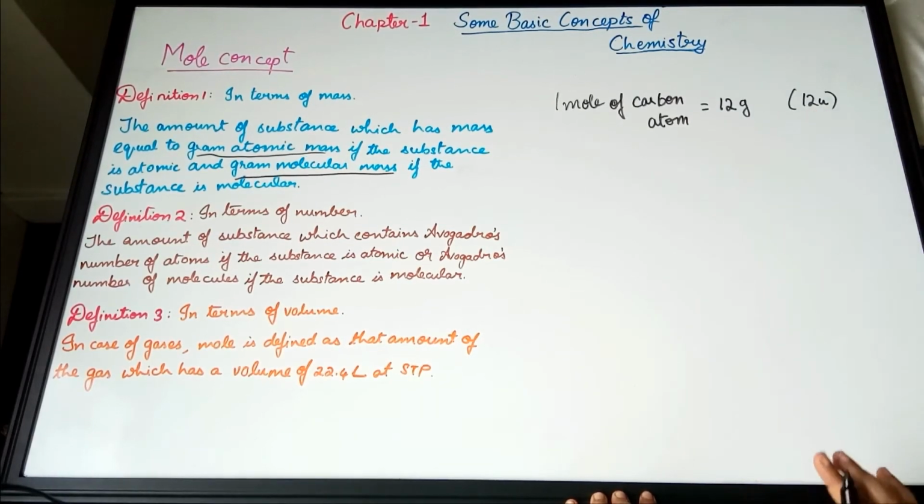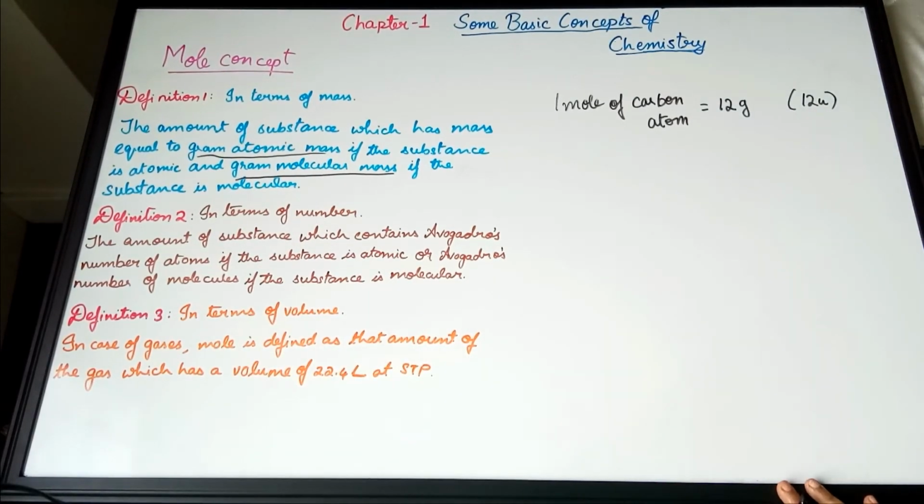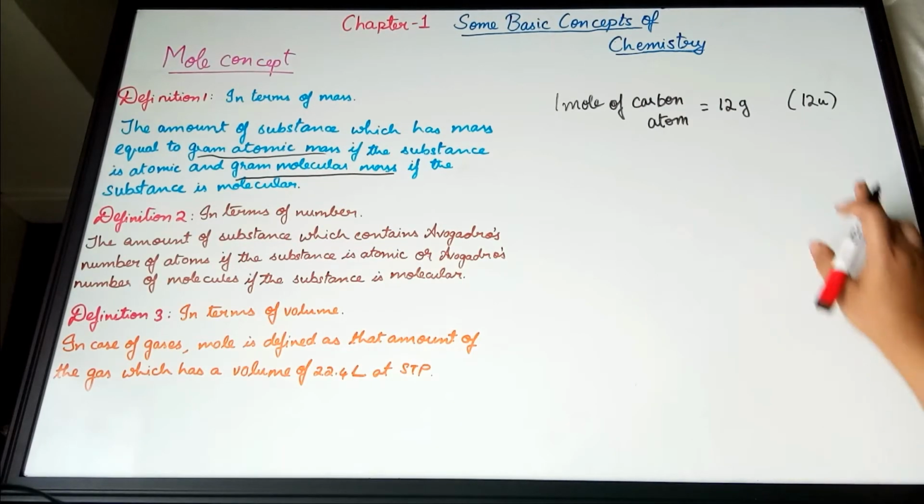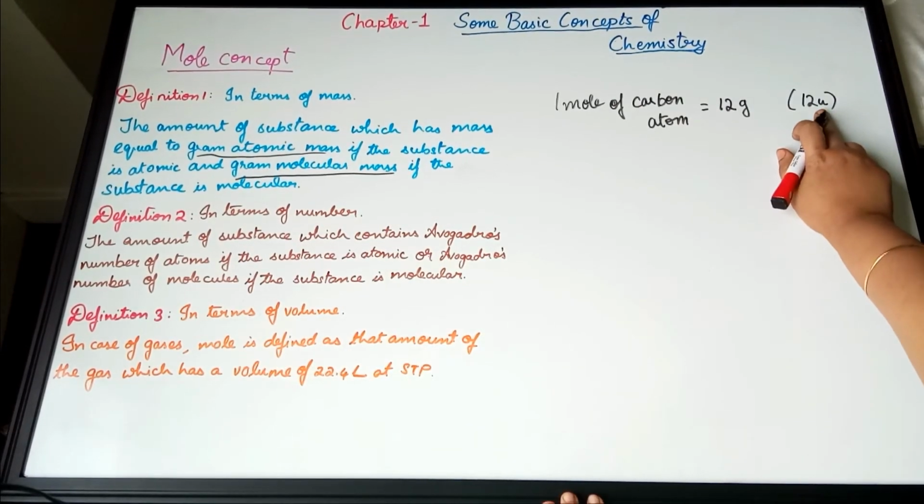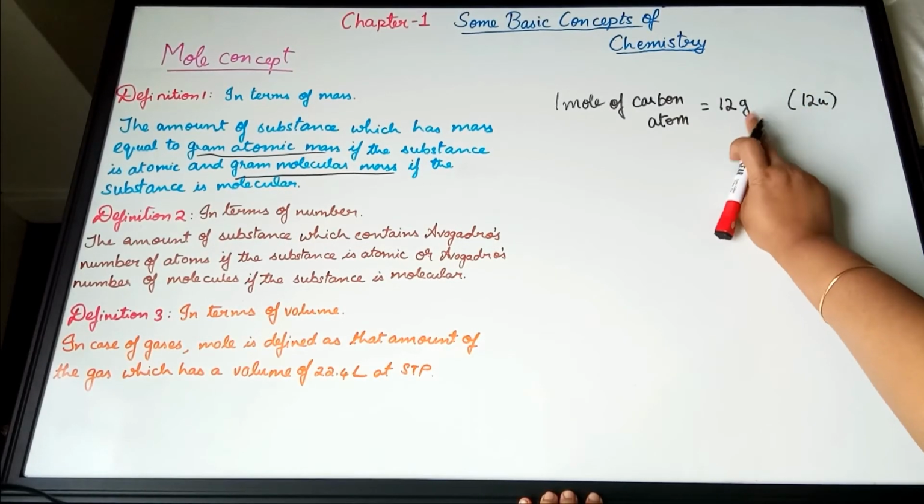Basically, gram atomic or gram molecular mass is the conversion of this value from U to grams.